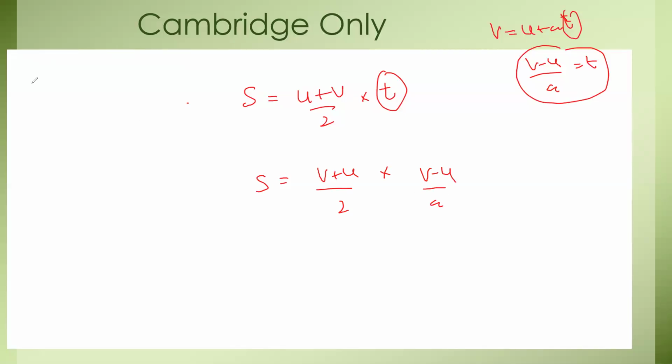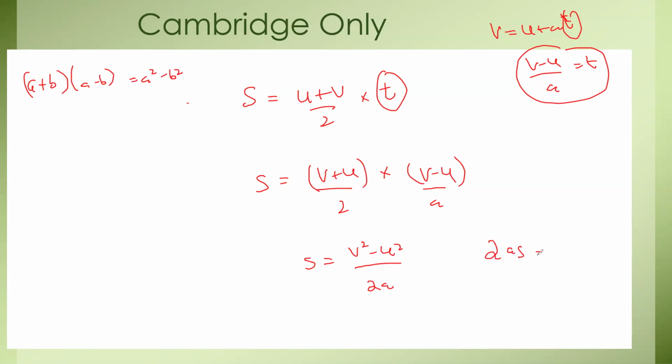In mathematics, you have studied the formula: (a plus b) multiplied by (a minus b) gives a square minus b square. So (u plus v) multiplied by (v minus u) gives v square minus u square, divided by 2a. So 2a is divided, on the other side it will be multiplied.